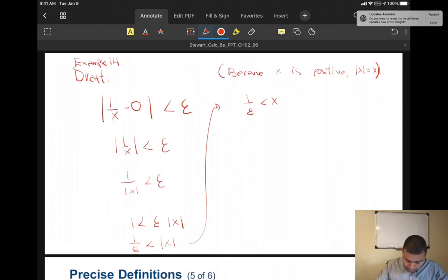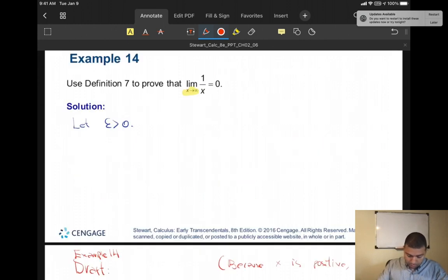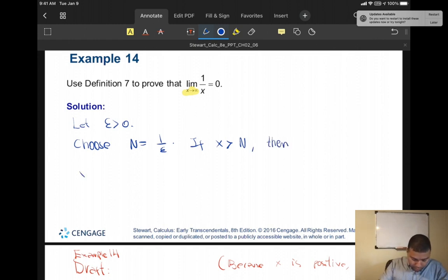So that's my n. And now I just write my proof. So I'll say choose n to be 1 over epsilon. If x is greater than n, then x is greater than 1 over epsilon.